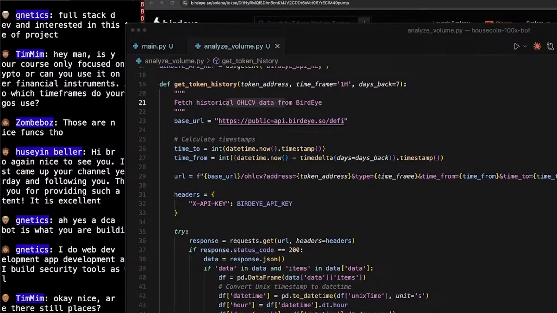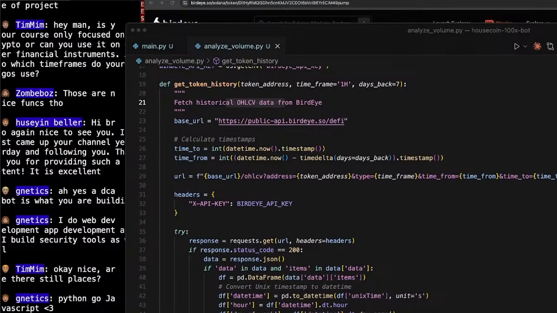The token overview and the correct volume, 4K, matches your screen. But the OHLCV endpoint is returning volumes that are too high. The volume data appears to be in a unit or token method rather than USD.